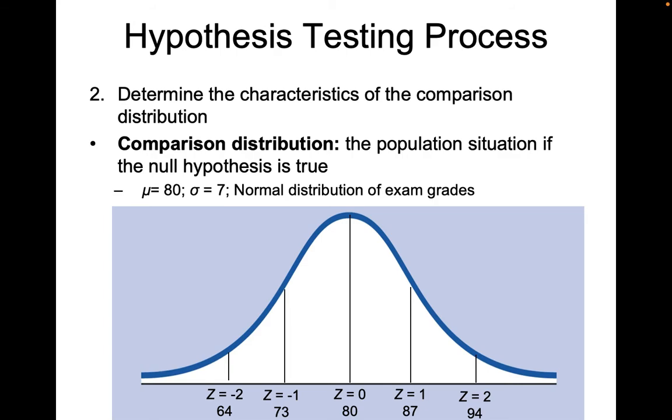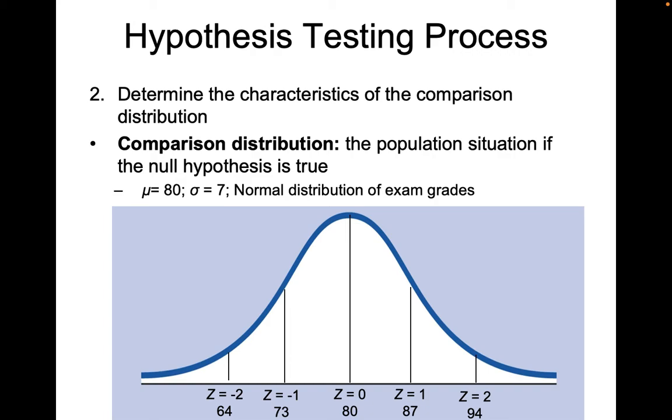Okay, the second step is to determine the characteristics of the comparison distribution. The overall logic of hypothesis testing involves figuring out the probability of getting a particular result if we assume that the null hypothesis is true. Therefore, you need to know what the situation would be if the null hypothesis was true.